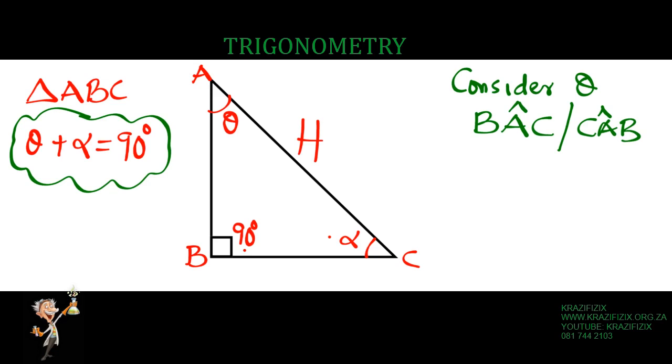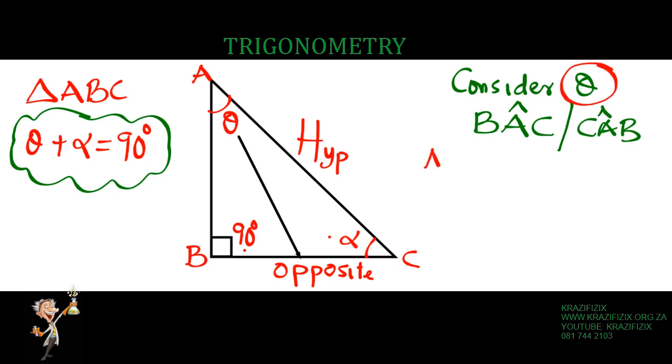What's happening to side BC? Do you notice that this side is actually opposite that angle there? So this side will be called what? Opposite. Alright, so we can call this hypotenuse, just shorten it, opposite there. Why? It is opposite the angle I am looking at.